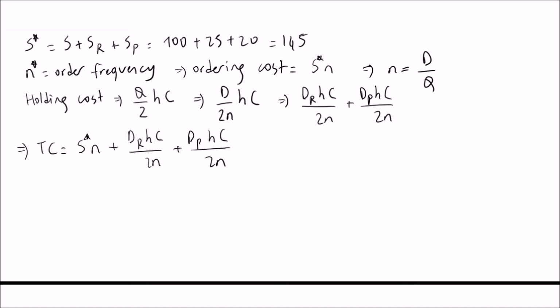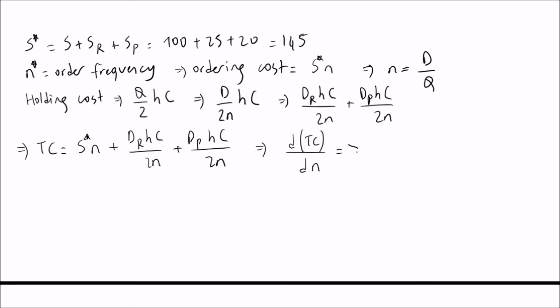So to find the best N value, the order frequency, we can take the first derivative of this cost with respect to N. And if we set that value equal to 0, then we are going to find the best N value.